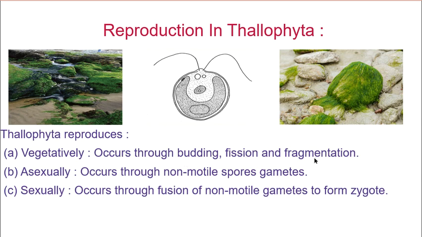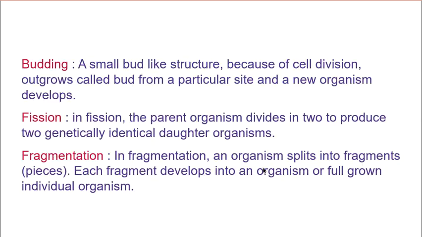You will observe in the next slide. Asexual reproduction occurs through non-motile spores or gametes. Then sexual reproduction occurs through fusion of non-motile gametes to form a zygote. Now, how do all these things happen? We are describing it in the next slide.